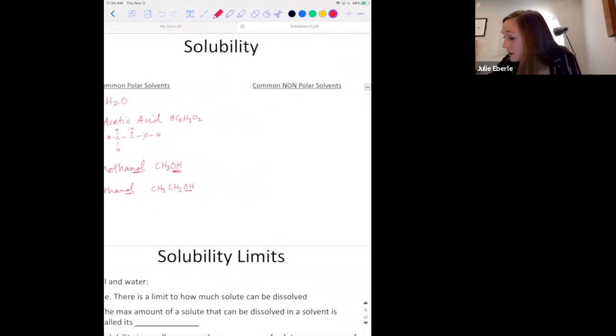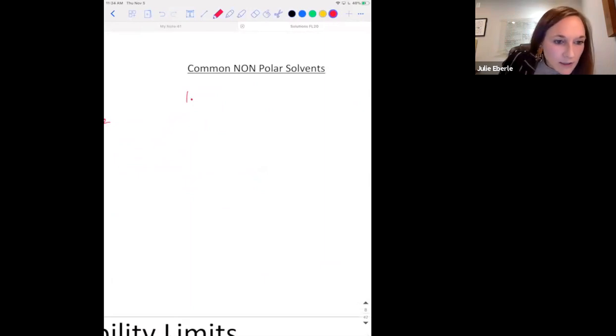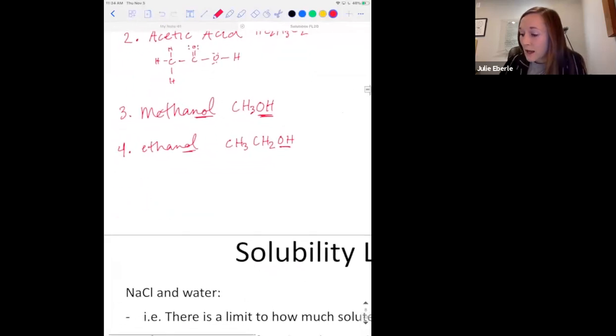Okay, common nonpolar solvents. Let's see. One common is carbon tetrachloride. Sorry, question in the chat. Does that mean any solvent with an OL ending is polar? Unless there was some kind of symmetry in the molecule. I can't think of an example right off the top of my head, but if you had, and I don't know how we would name a molecule like this, this goes back to organic chemistry, and it's been a minute since I've done a lot of organic.